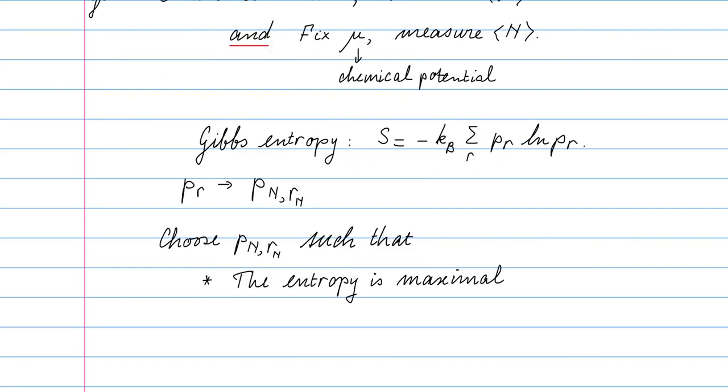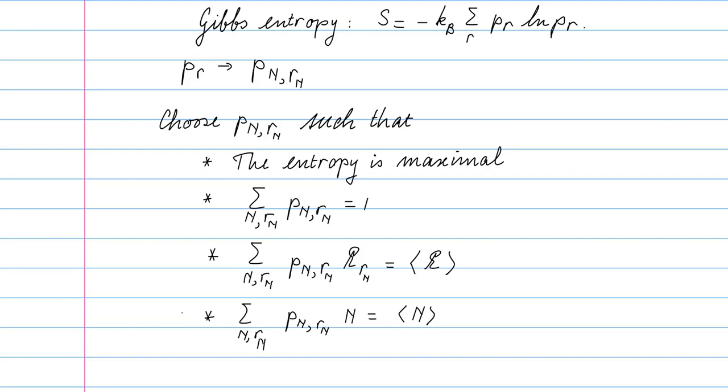And as usual, these p(N, r_N)'s are found by maximizing the entropy. However, we need to take into account several constraints. Here are all these constraints. First of all, the p(N, r_N)'s are probabilities, and therefore they need to add up to 1. That's the normalization condition. Then we fix not the energy, but we fix the expectation value of the energy, and the expectation value is given by this expression.